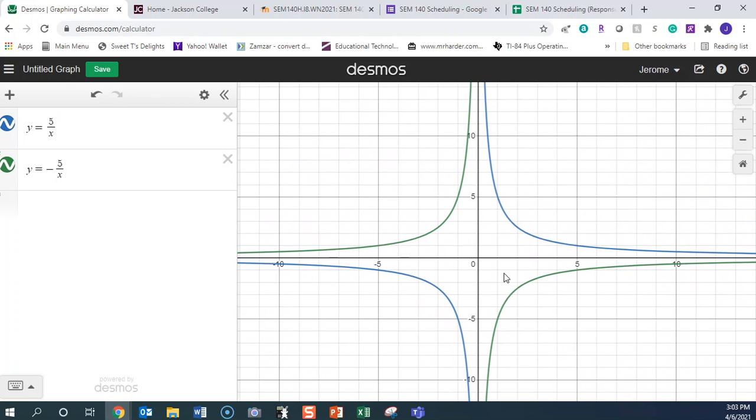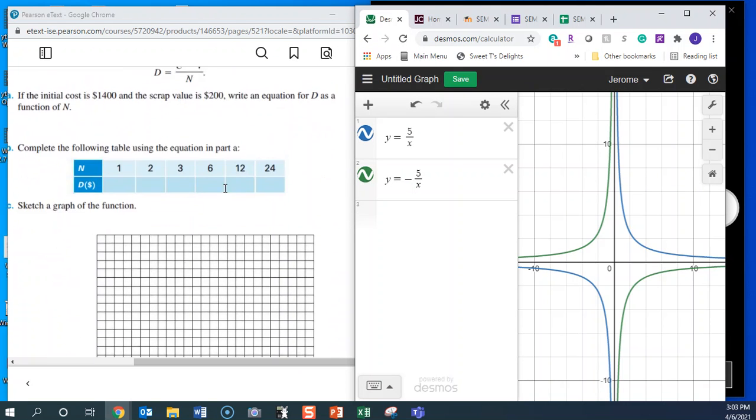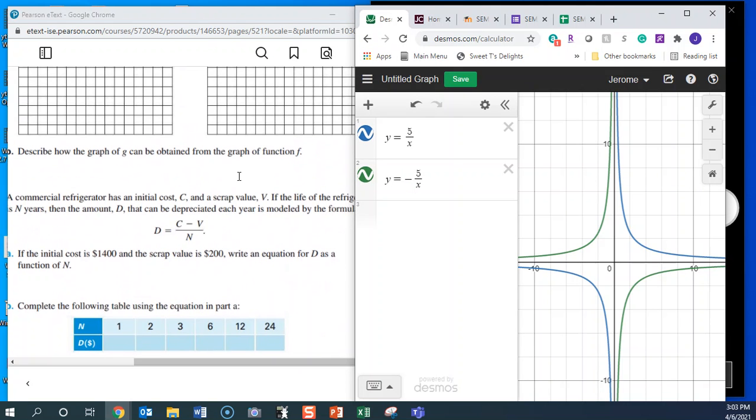Okay, great. Now we come here to B. It says describe how the graph of G can be obtained from the graph of the function F. All right. Let me pull up the camera.